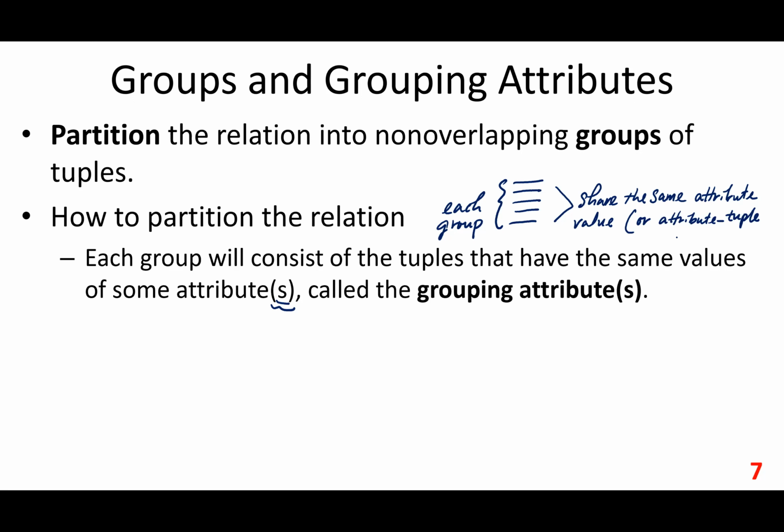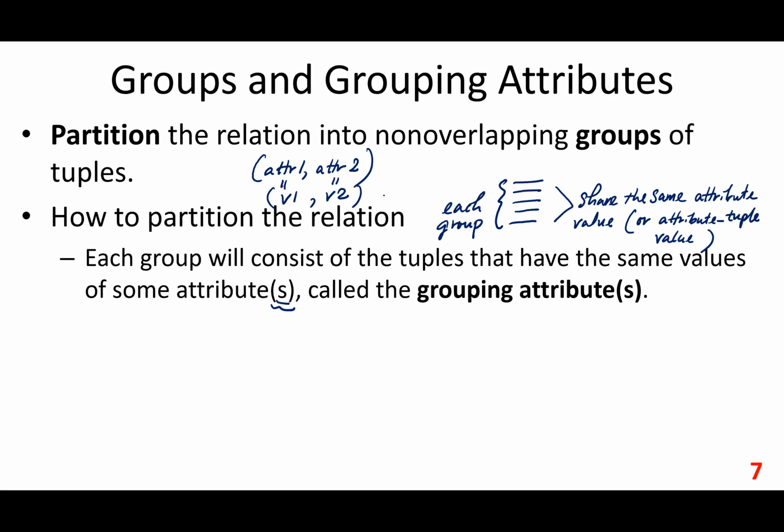Attributes in tuple format, that value, same value. For example, let me give you an example. Suppose we have attribute 1, attribute 2. This forms a tuple. Attribute 1 equals V1, value 1. Attribute 2 equals V2.